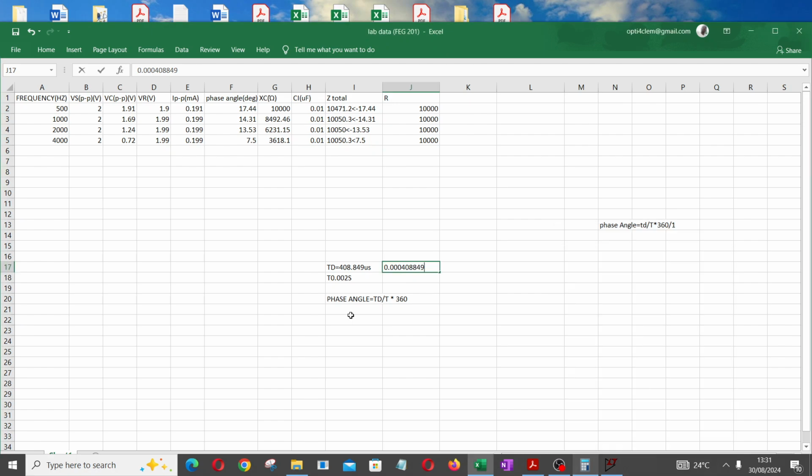So the phase angle theta equals 73.59 degrees. That's the phase angle between the voltage and the current.